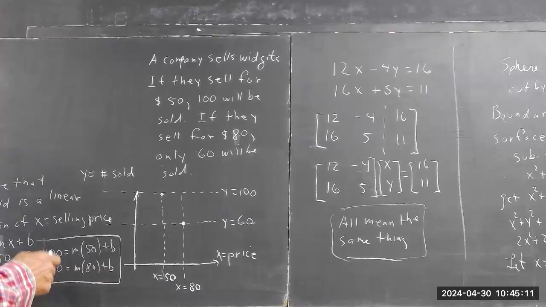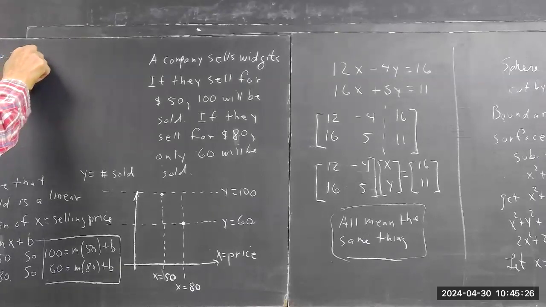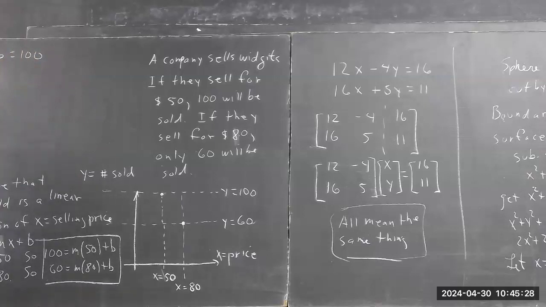So again, we write the system. I'm going to write it this way: 50m plus b equals 100.